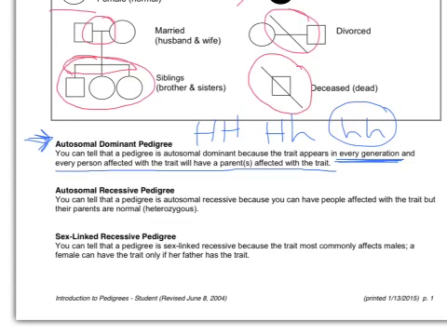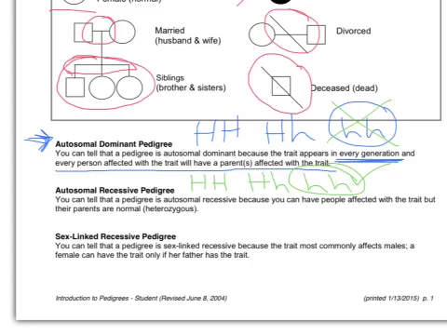In your autosomal recessive pedigree, you're looking at a trait that is a recessive trait. So you've got your three different genotypes, and in this case, the homozygous recessive is the only one that has the trait. Whereas in the autosomal dominant, that'd be the only person that did not have the trait.